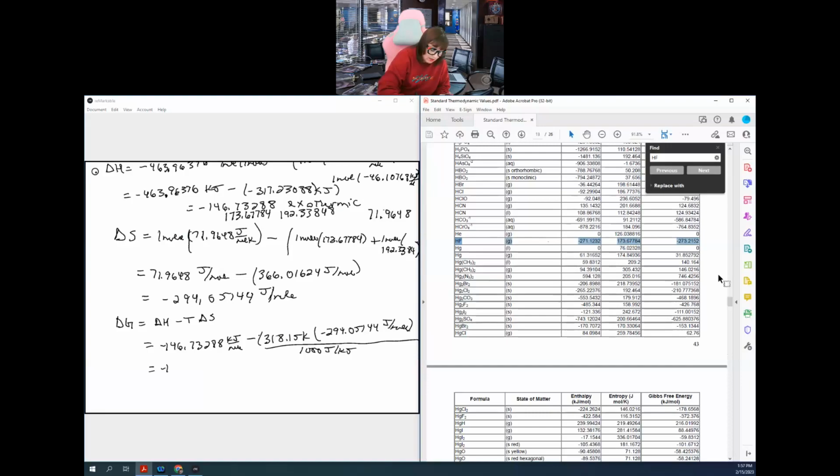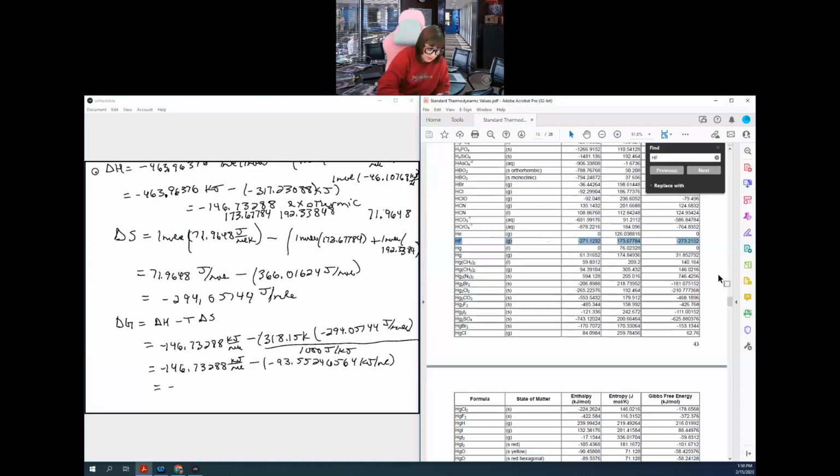And so we have the negative 146.73288 kilojoules per mole. We subtract from that the negative 93.55246564 kilojoules per mole. So negative 146.73288, subtract what I calculated.